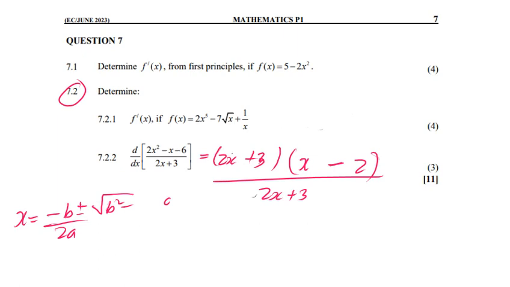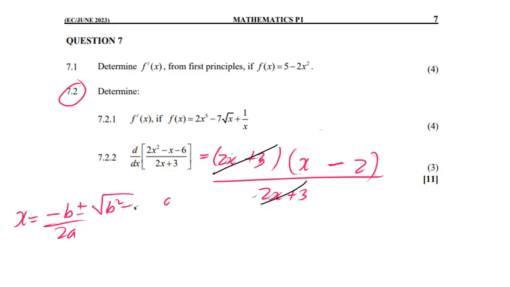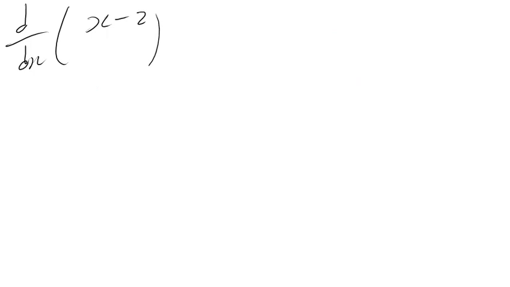So in this case, you're gonna have this and this cancelling, then you'll be left with d over dx, open bracket, x minus 2, close bracket.